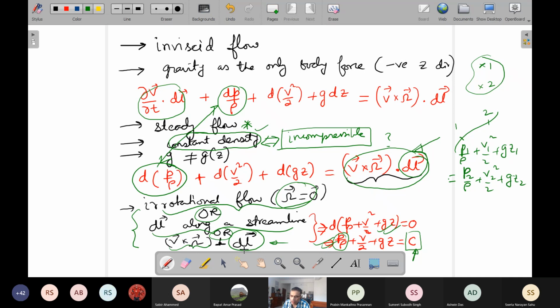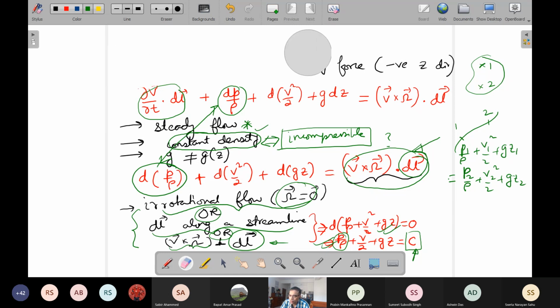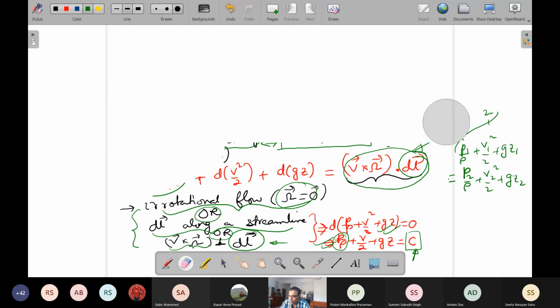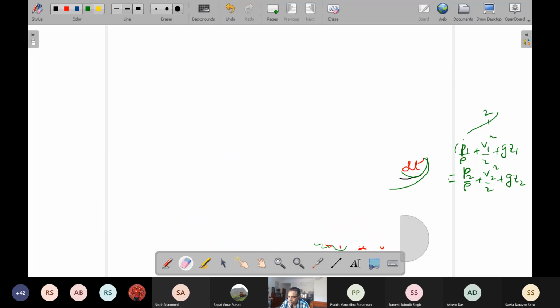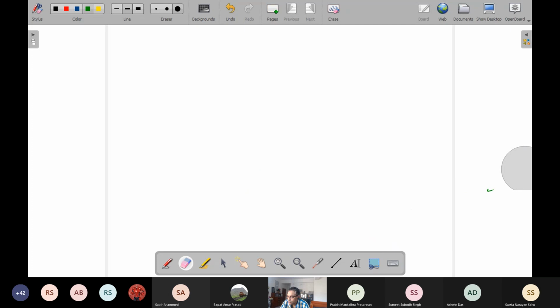So with this, now let us look into a bit of the physical aspect of Bernoulli's equation, what it actually talks about. So if we say that at the end this is what it is, this is Bernoulli's equation.